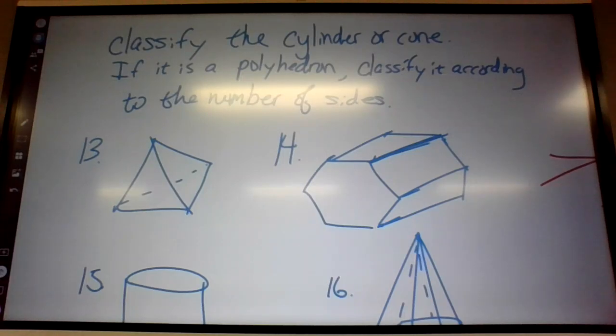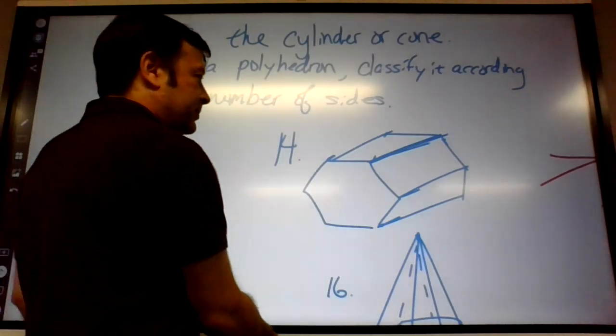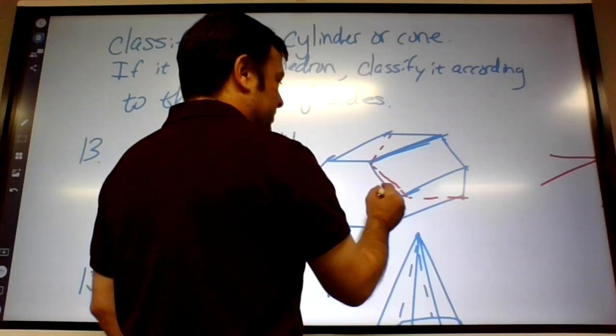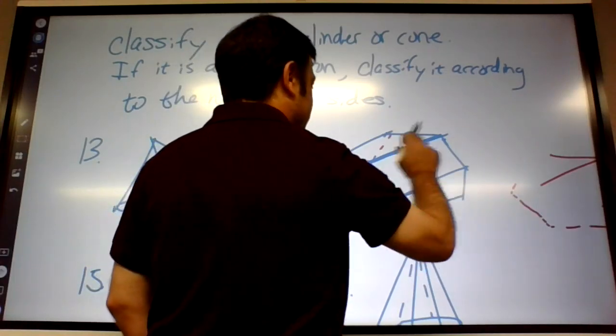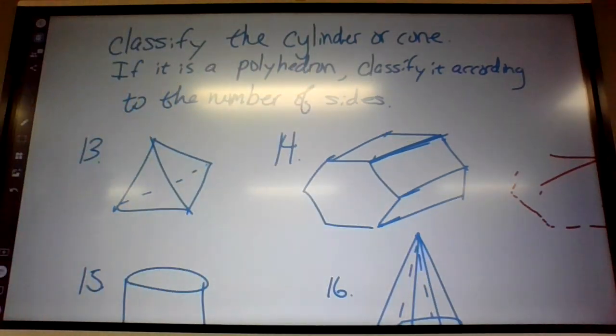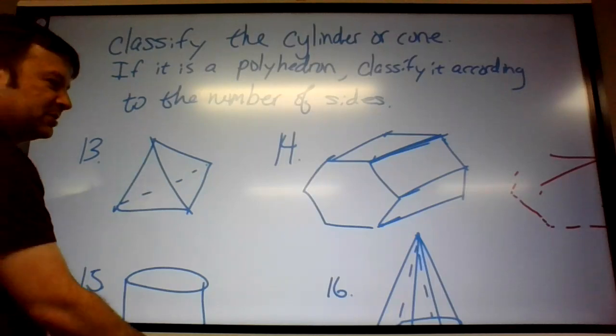I did draw the dotted lines at first, but then they overlapped with the front lines, so it didn't look very good. And so I just threw them out. So you have to use your imagination. If I would have drawn it longer, it would have looked okay.